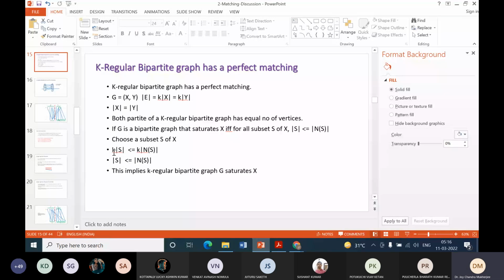So how can I say this? We choose a subset S of X. So the number of edges coming out of it is K into mod S. That is fine.